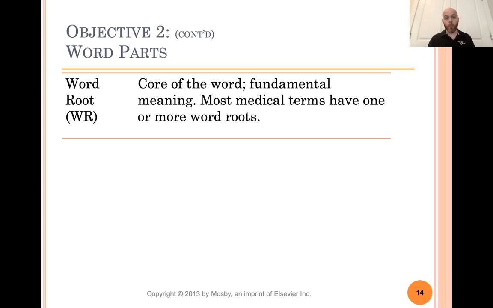That's the core of the word, the fundamental meaning. Most medical terms have one or more word roots, but they're all going to have at least one, because you've got to have at least one word root to know what you're talking about. Sometimes I'm going to say word root, and when I was in English class, we said root words, so you may hear me say those interchangeably. Just ignore me. They mean the same thing.